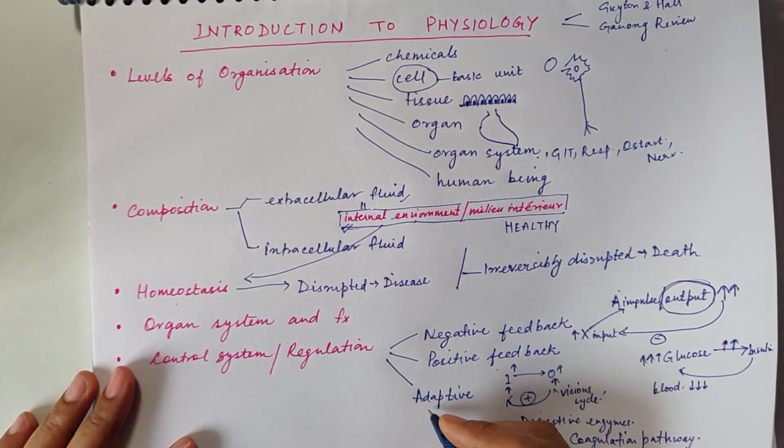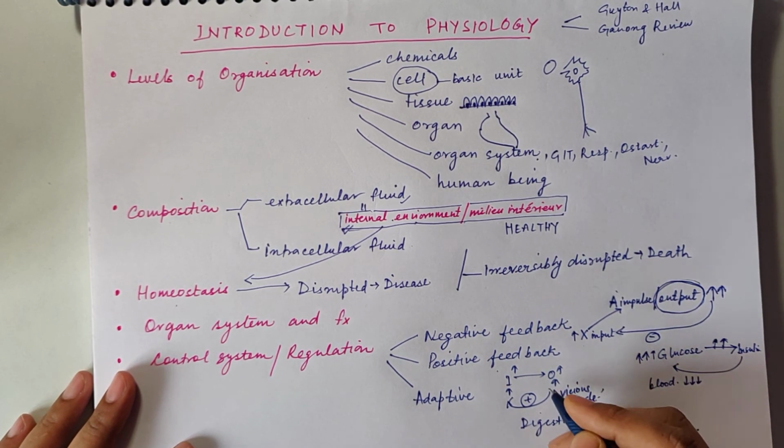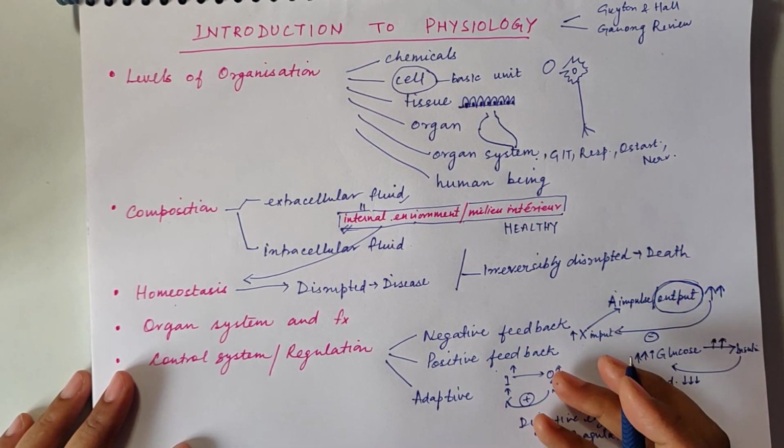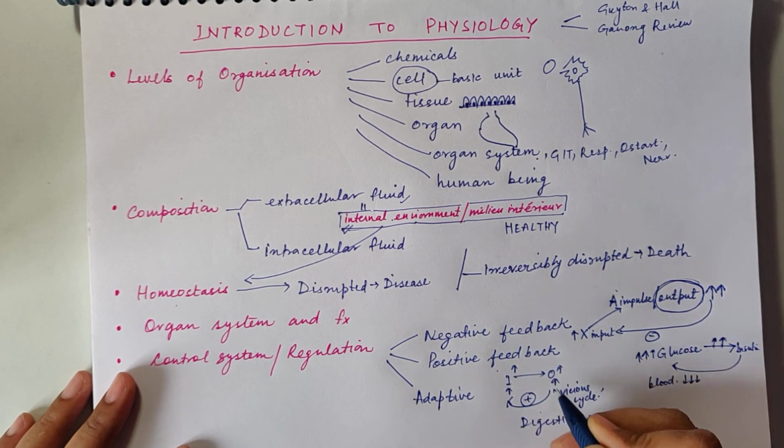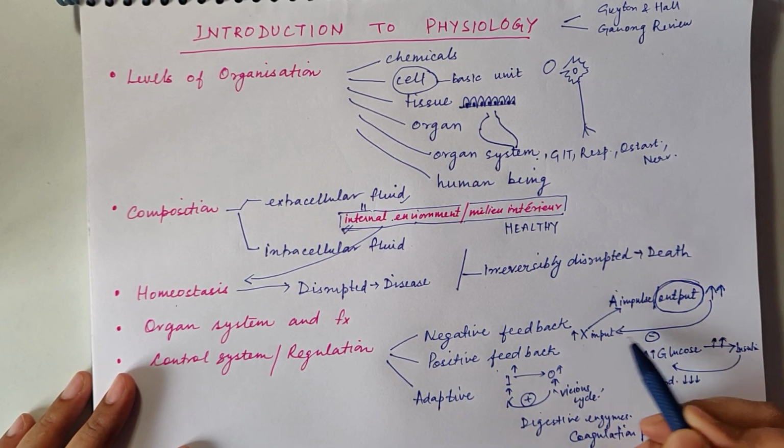And then adaptive is not that simple, that just two are involved. Even your central nervous system or spinal level gets involved. So this negative feedback does not occur at the first step.